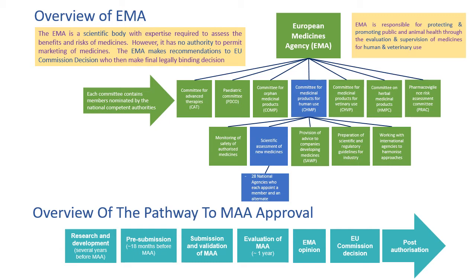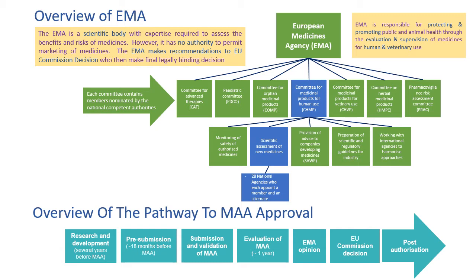Then the next step is 18 months before your marketing authorization, which is a pre-submission stage. And the next stage would be, of course, the submission and validation of your marketing authorization. And after that, you have evaluation, which is about 1 year before your marketing authorization is given.